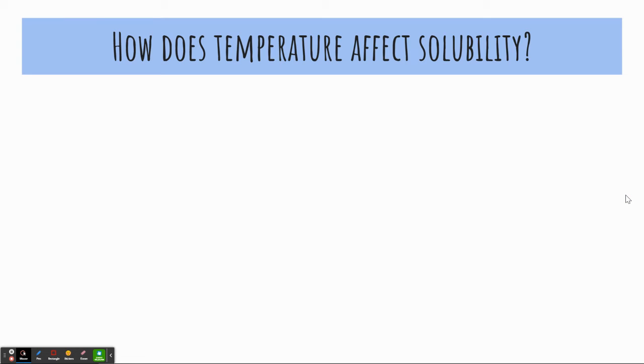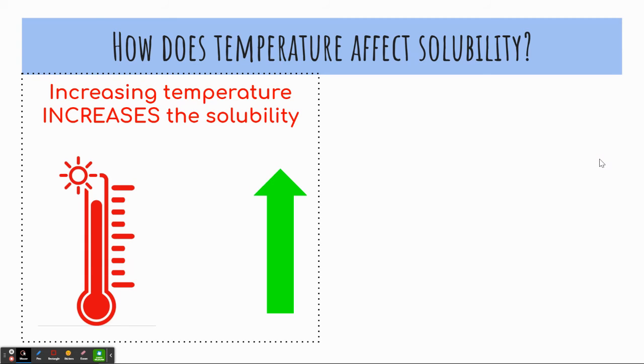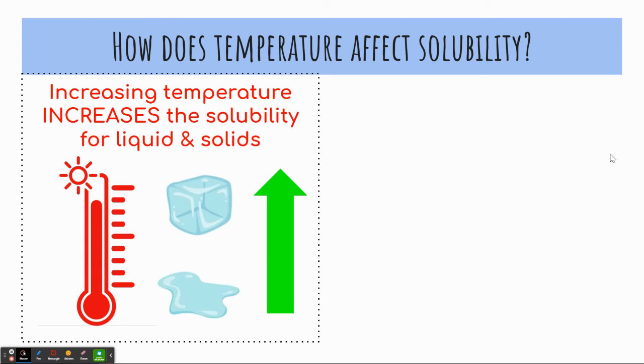Now we're looking at two different things that affect solubility, which affects how much can be dissolved. Increasing temperature increases the solubility for liquids and solids. It doesn't do that for gases.